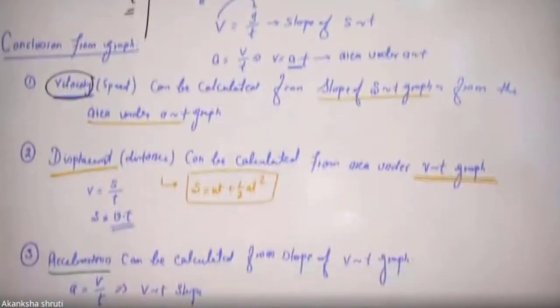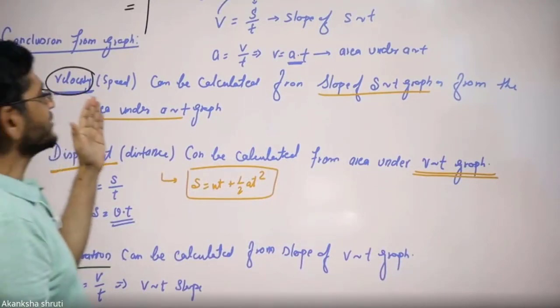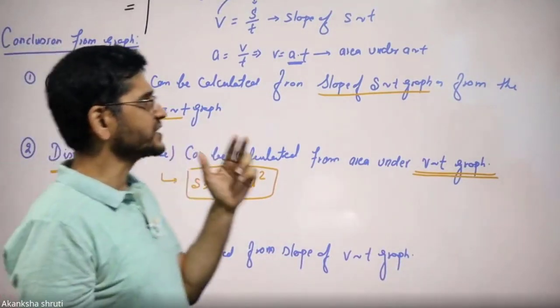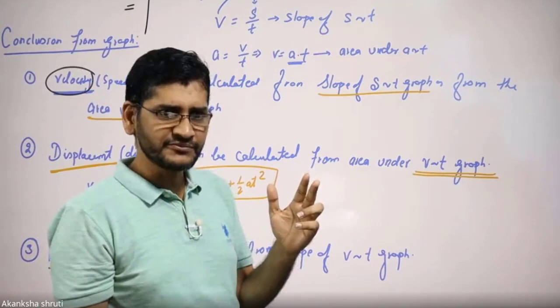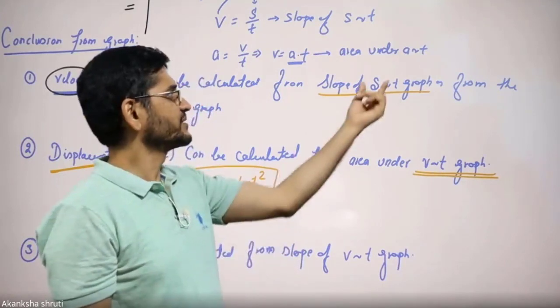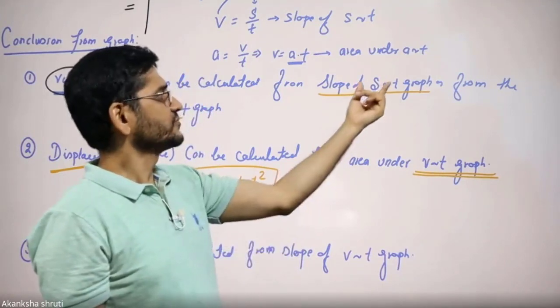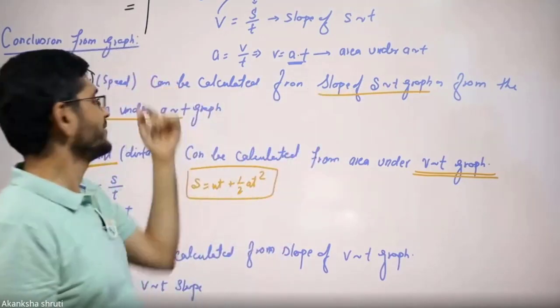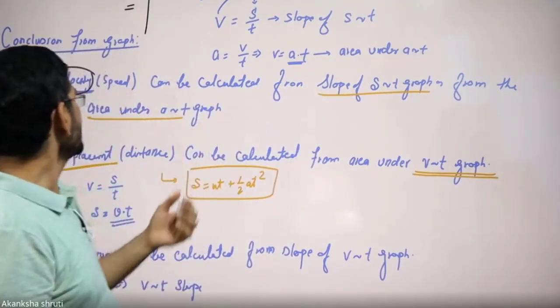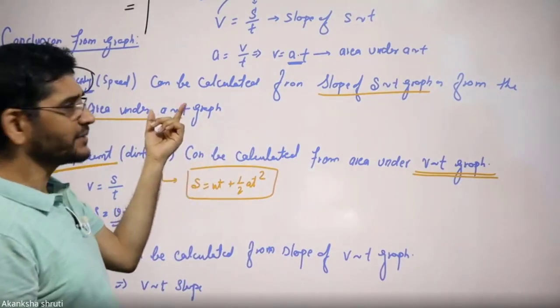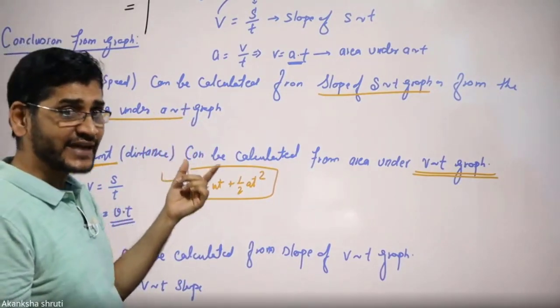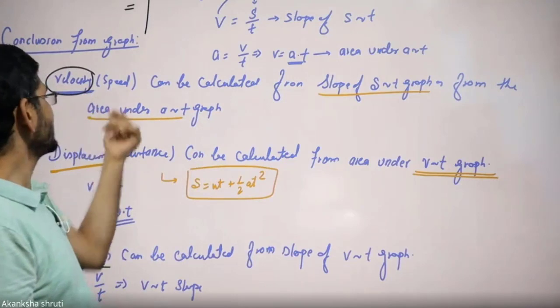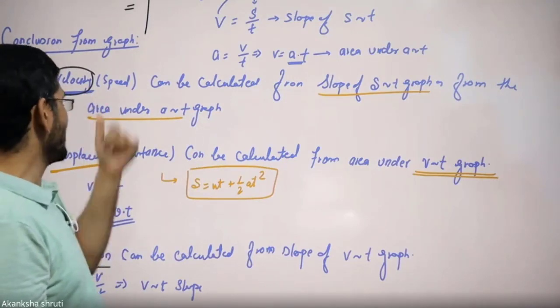Student, from that graph we have concluded that velocity or speed can be calculated from two kinds of graph. One is the distance-time graph. From the distance-time graph, taking its slope, we can get the velocity or speed. Or even from the acceleration-time graph, we have to take the area under that curve and the time axis.